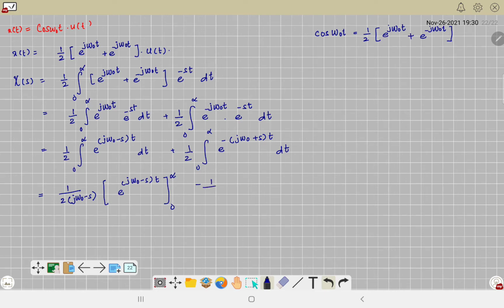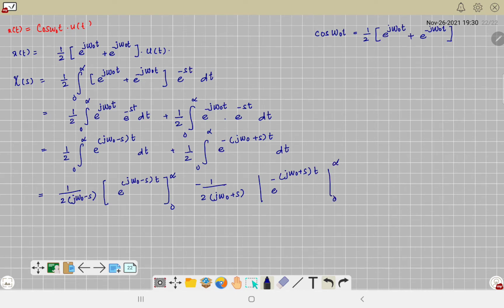And this right here will be minus 1/2 times 1 over j omega naught plus s, then e raised power minus j omega naught plus s t between the limits.